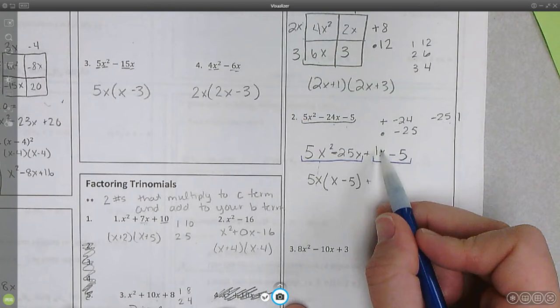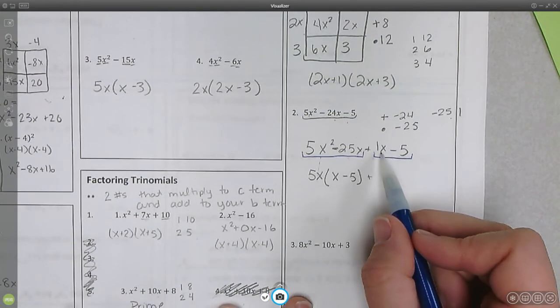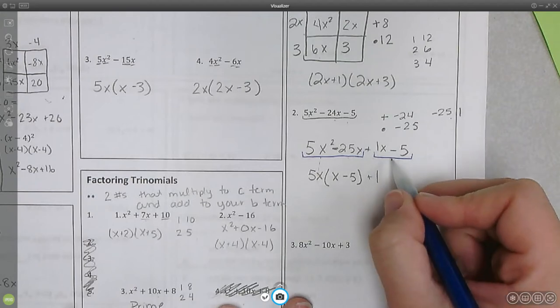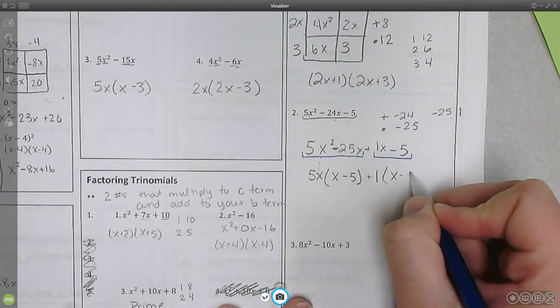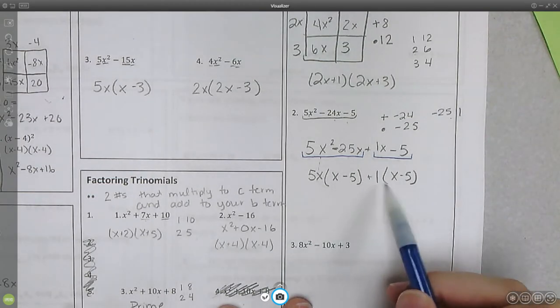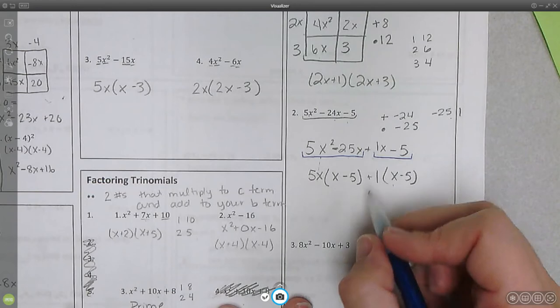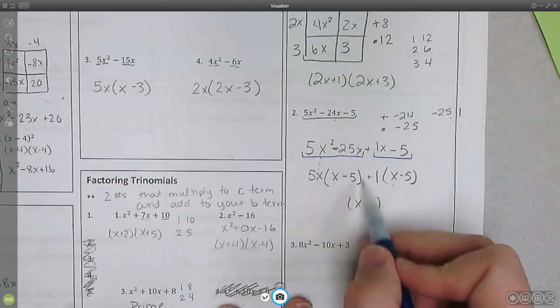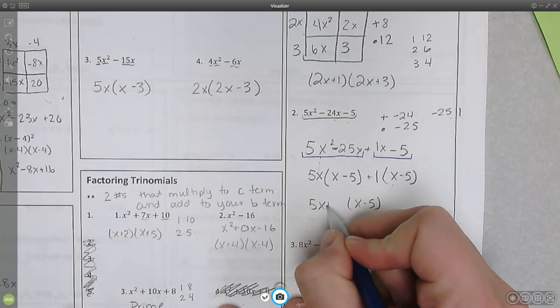Then I'm going to do the same thing here. The greatest common factor between 1x and negative 5 is just 1, and I'm left with x minus 5. When you are doing grouping, these two sets of parentheses should always be the same. So one of our factors is going to be x minus 5, and the other one is the leftover stuff, which is 5x plus 1.